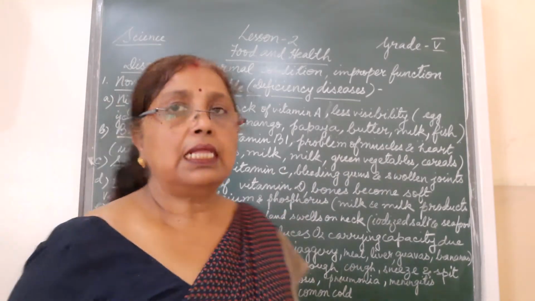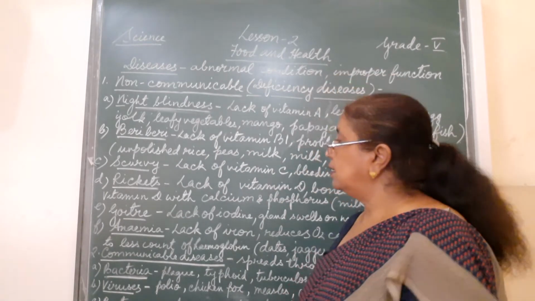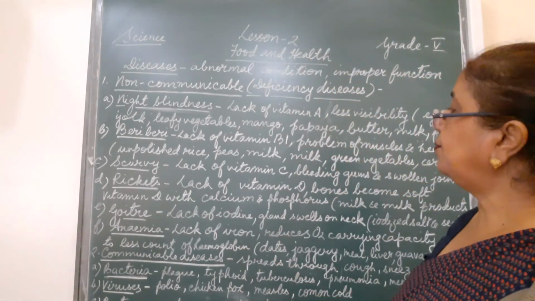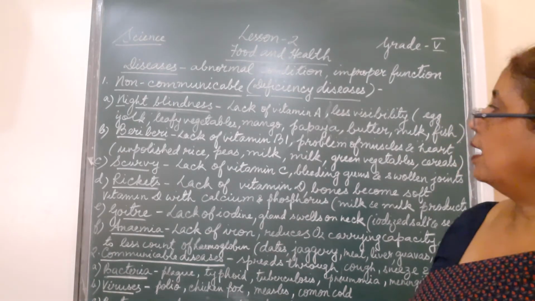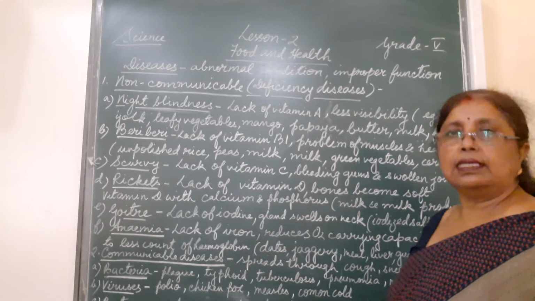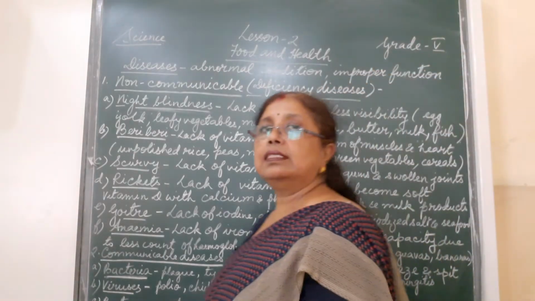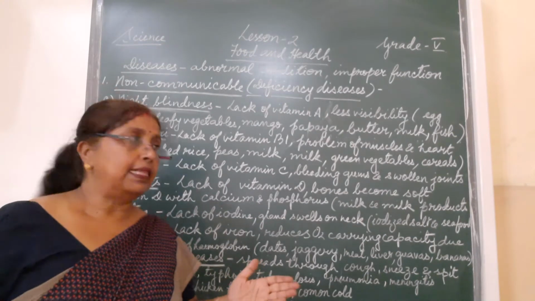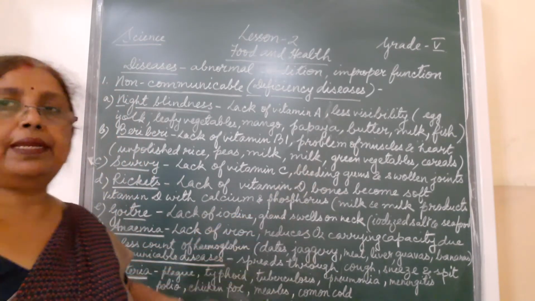Now we will see the next disease, which is scurvy. In scurvy, because of the lack of vitamin C, this disease is caused. What happens in this disease is swollen joints and bleeding gums.